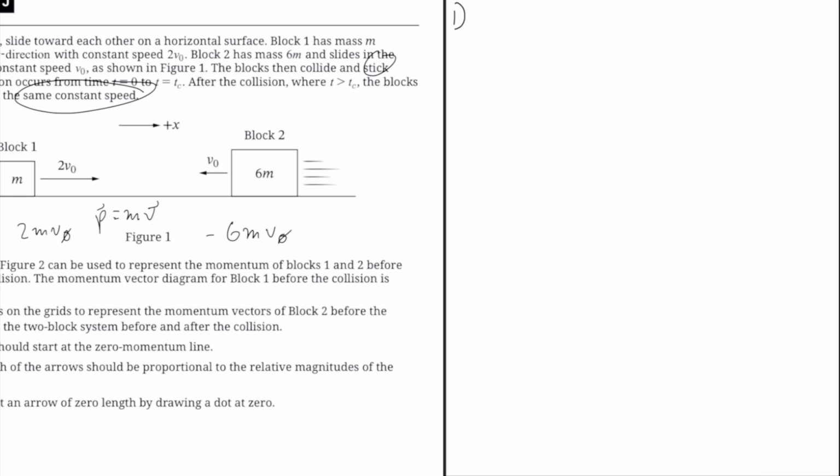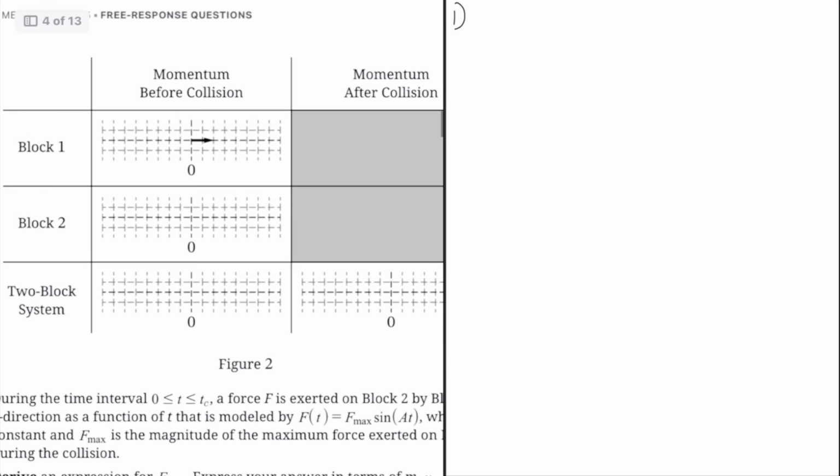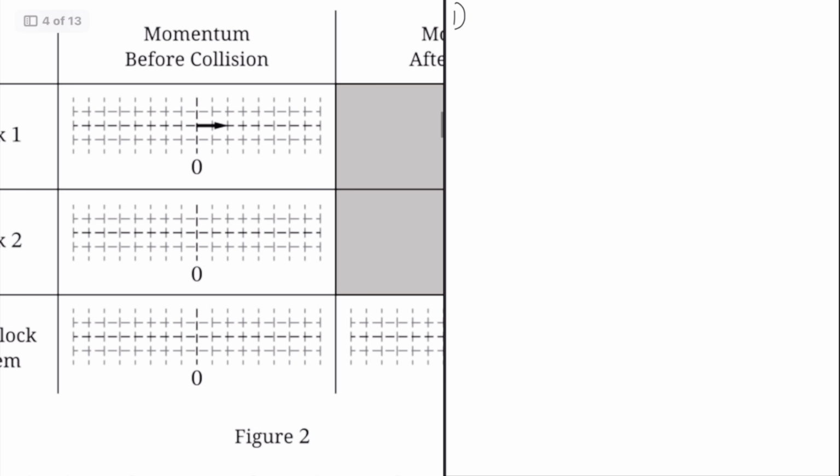So how many boxes will that take up? Logically, that will take up 6 boxes, but 6 boxes pointing toward the negative. So this is 1, 2, 3, 4, 5, 6. Oops, that was on me. So it should be 6 that way. There we go. There's 6.